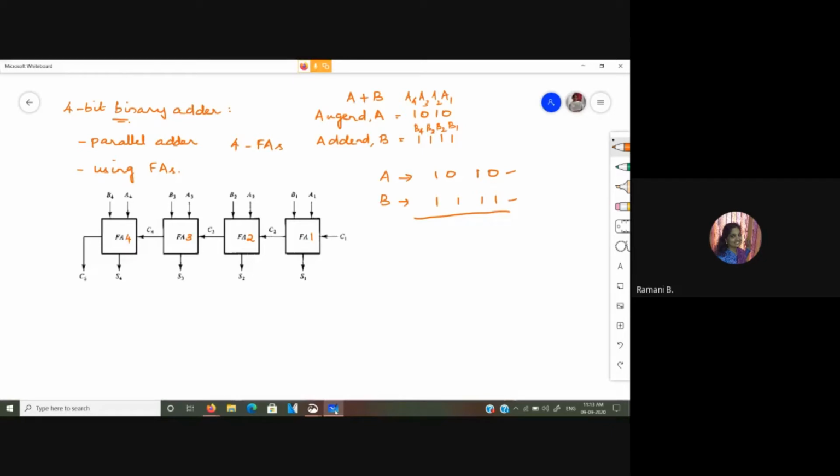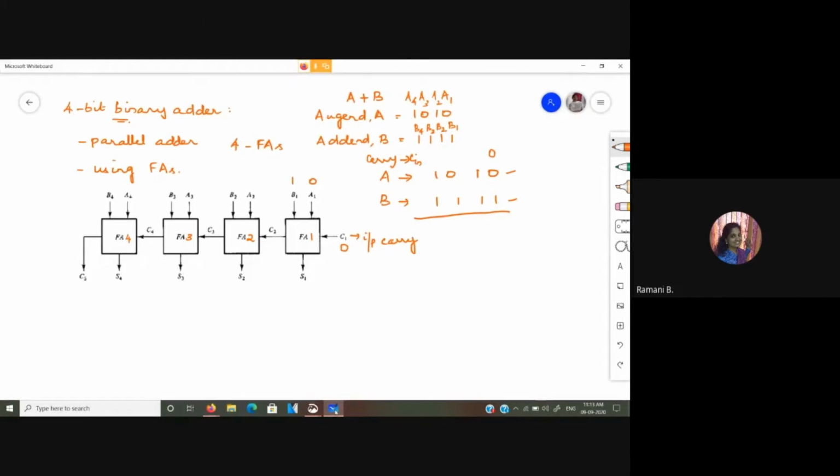So here for the least significant bit position alone, what we do is we consider the carry input to be 0, because we cannot give a 1 over here. So this C1 is actually the input carry. So we consider that to be 0. Then A1 is 0, B1 is 1, right?